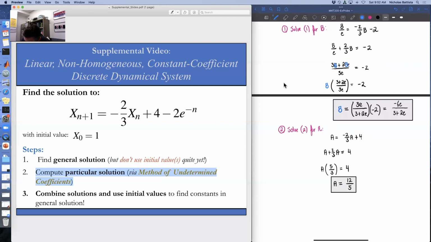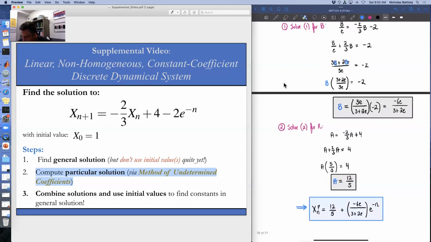What's useful about this is now we have our particular solution. So x_n^p is 12 over 5 plus this factor of b, which is minus 6e all over 3 plus 2e, all times e to the minus n. So we have our particular solution now.